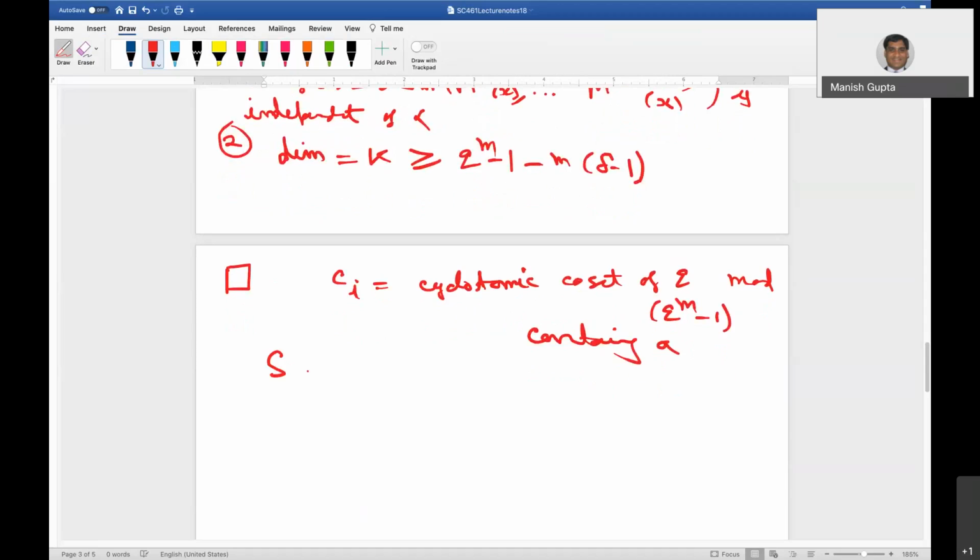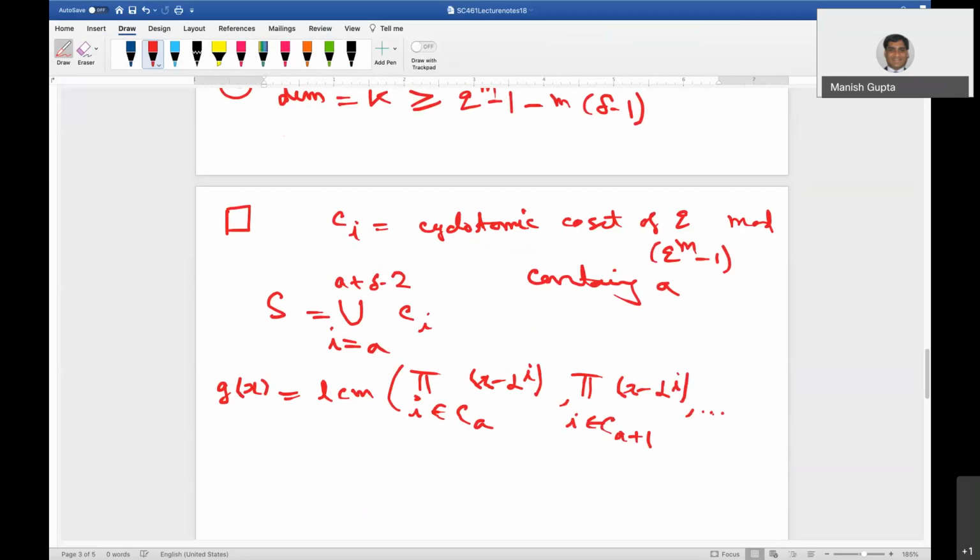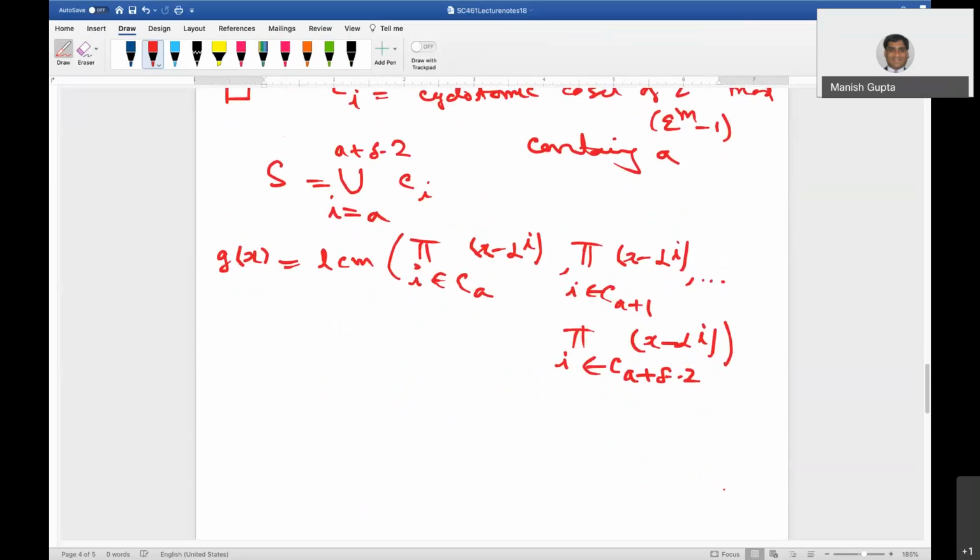And if S is the union from i equal to a to a plus delta minus 2 of Ci, these cyclotomic cosets, then our generator polynomial g(x) can be written as LCM of the product over i belonging to Ca of x minus alpha raised to power i, that is the first minimal polynomial of alpha a, then the similar one for the next one, i belonging to Ca plus 1, and so on, up to the product over i belonging to Ca plus delta minus 2 of x minus alpha raised to power i. This is how we define the general.